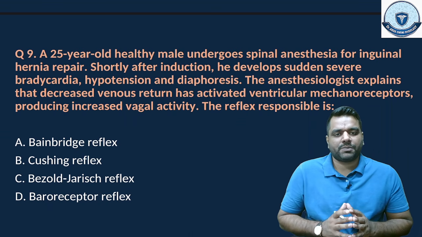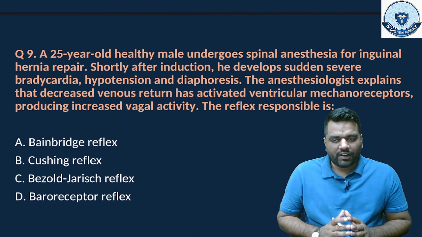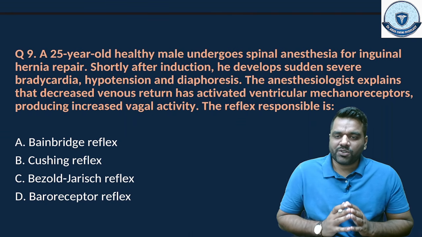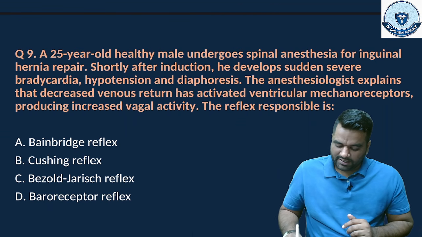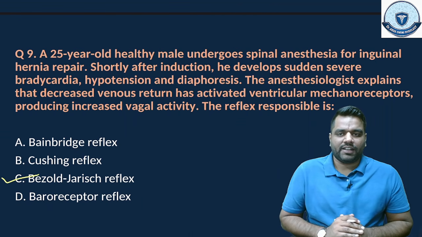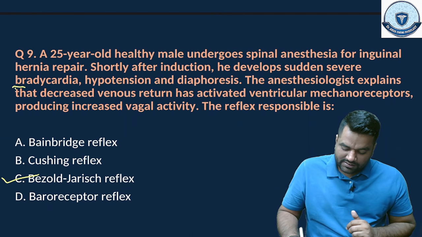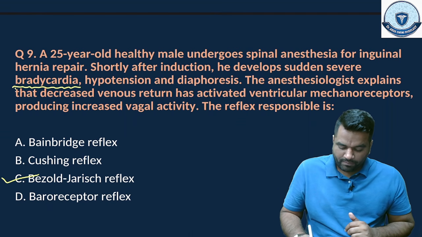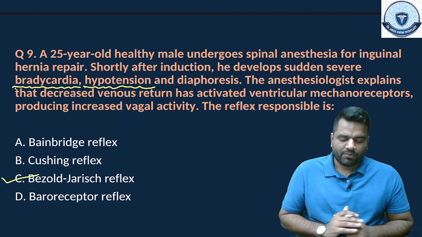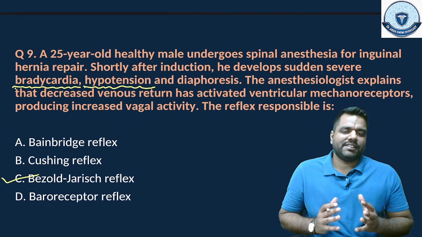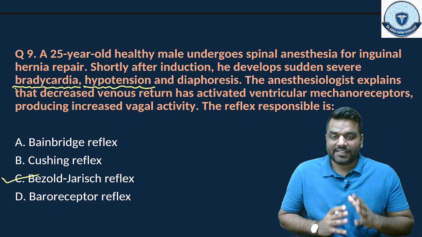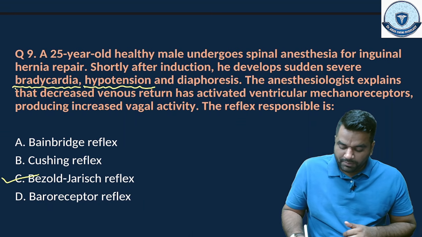The reflex responsible is Bainbridge reflex, Cushing reflex, Bezold-Jarisch reflex, or the baroreceptor reflex. The right answer of this question is Bezold-Jarisch reflex, because there is marked bradycardia and hypotension.